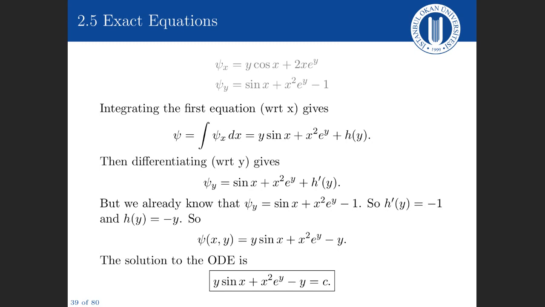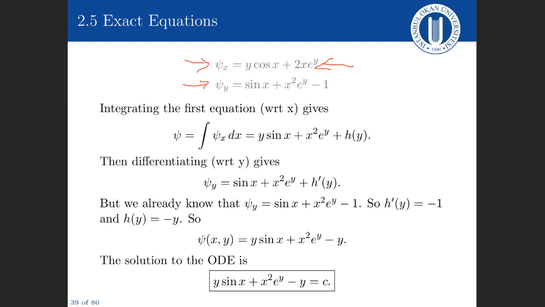Now let me recap what I did. We started with two equations. We choose one of these equations, it doesn't matter which one, but I decided to choose the first equation. I integrated this equation and then I differentiated it.